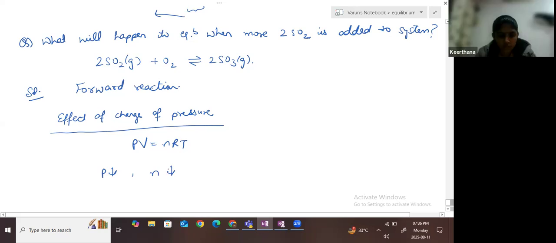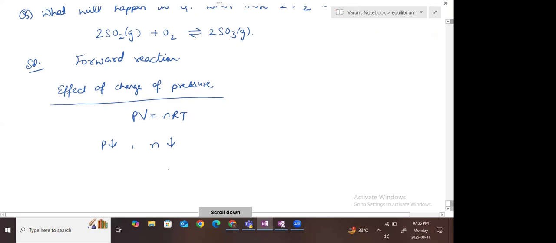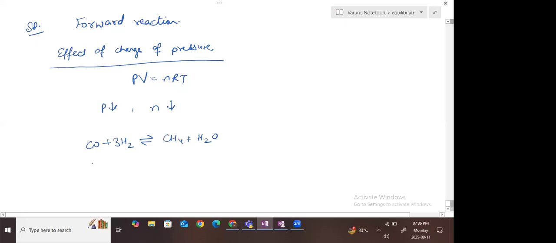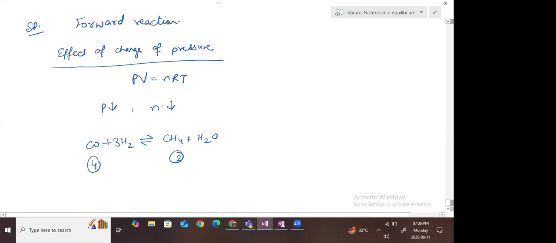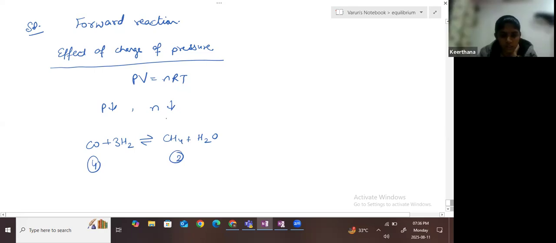Suppose I am having this reaction. Here I can see I am having 4 moles, 1 plus 3, and here I am having 2 moles. Now I am decreasing the pressure. अगर मेरा pressure कम होगा तो मेरे number of moles भी क्या हो जाएंगे? कम हो जाएंगे.